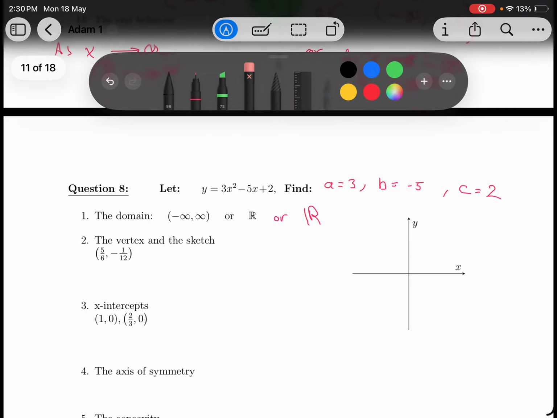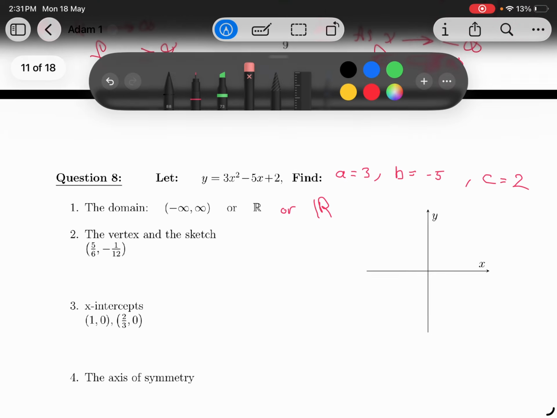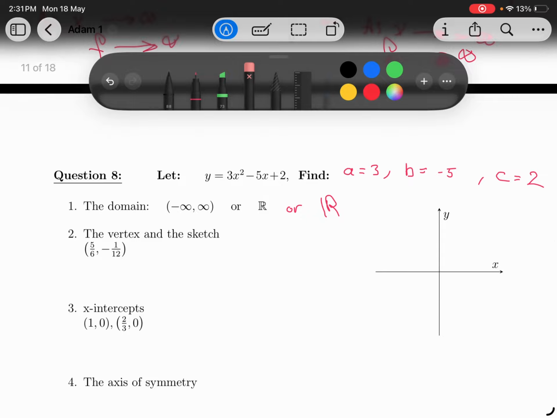Okay, so the vertex here is given. It's not given, but I already calculated it in advance just to guide you. But how to find the vertex? To find the vertex, we need this form. You know, vertex is an ordered pair, so it's minus b over 2a along with f of minus b over 2a, okay? And you have a and b, you can use them.